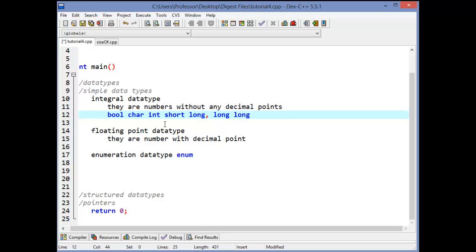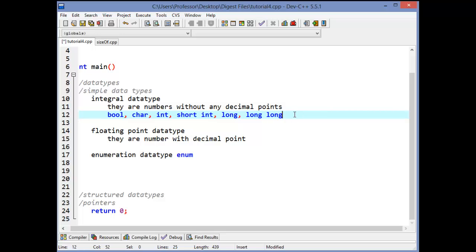So when we talk about the integral data types, we have the bool, char, int, short int, and long, with commas between them. Is that okay? These are the integral data types. Now actually this one is called short int, but when you use just short, it will also be accepted.